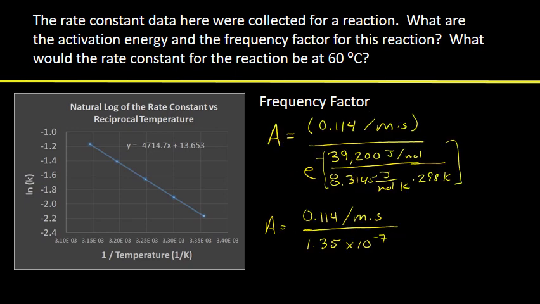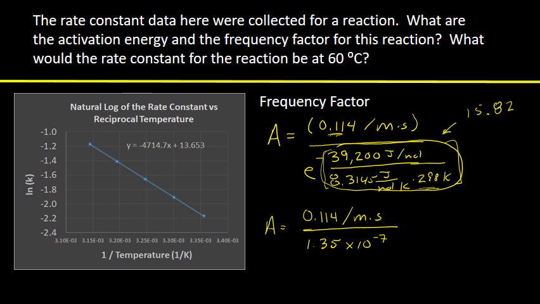All right, so when I did this, I just went ahead and chose the first data set at 25 degrees Celsius. So I put in the rate constant at 25 degrees Celsius, that's here, and 25 degrees Celsius, 298 Kelvin, put that in there. And when I did that, this whole thing here came out to be 15.8, right?